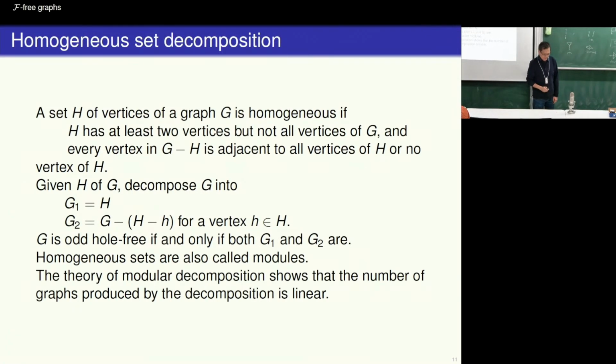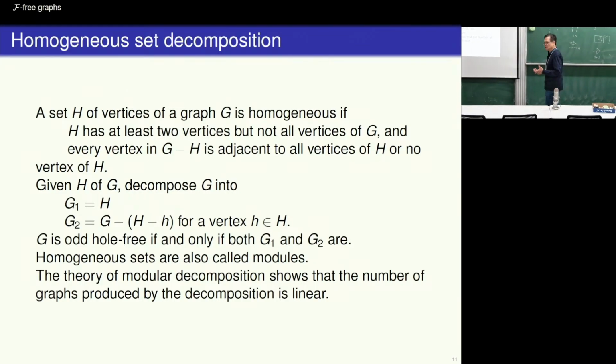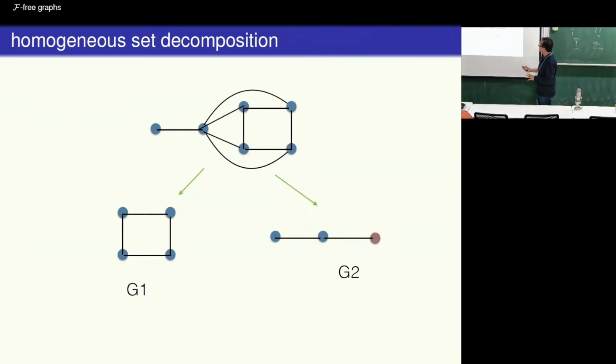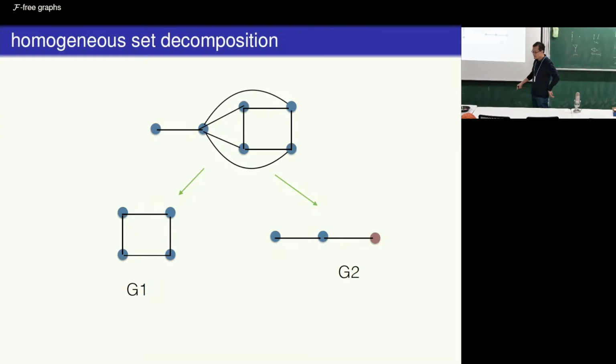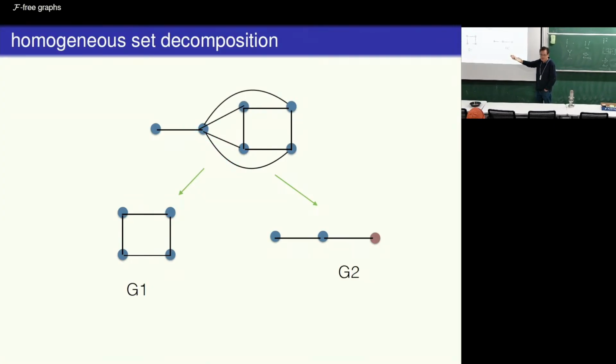Okay, and I want to talk about the techniques for solving these kinds of problems. So let me just define a homogeneous set in this way. Take a graph like this, and look at the C4 here. The C4 is homogeneous because it has at least 2 vertices and there's something outside it, and every vertex outside it either sees everybody inside or sees nobody.